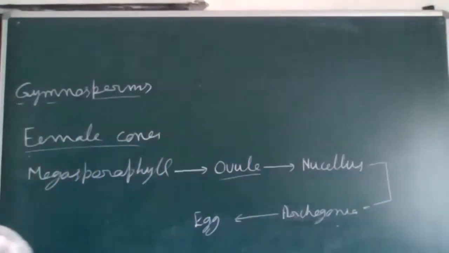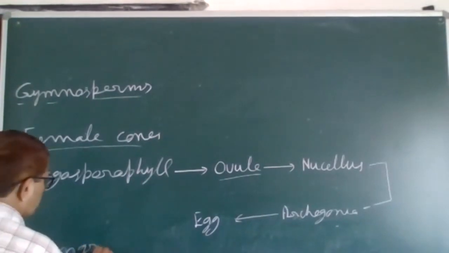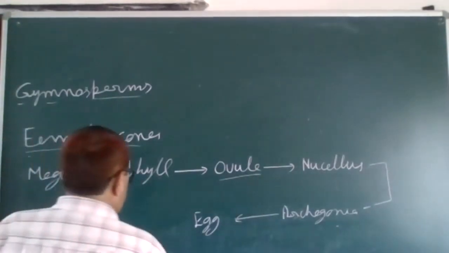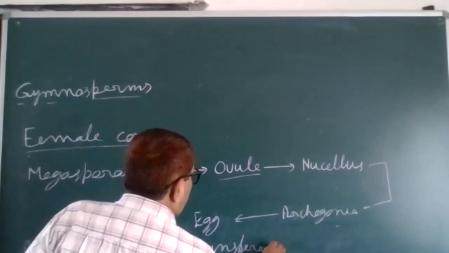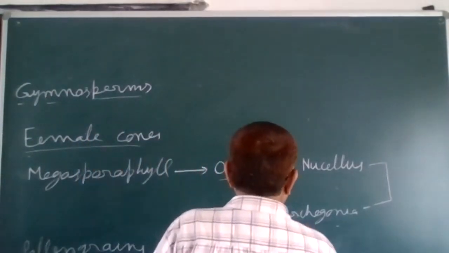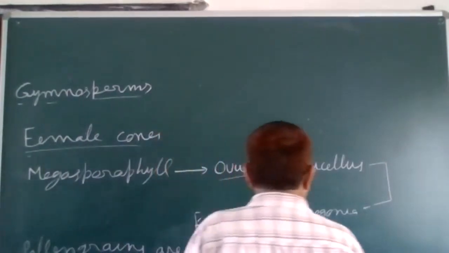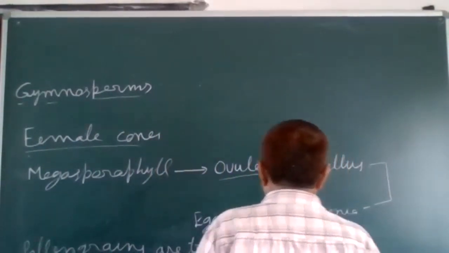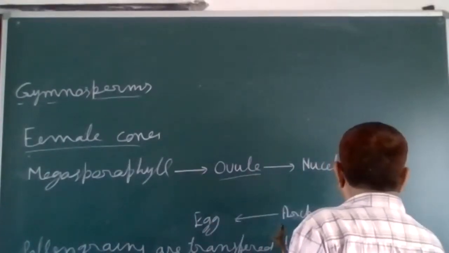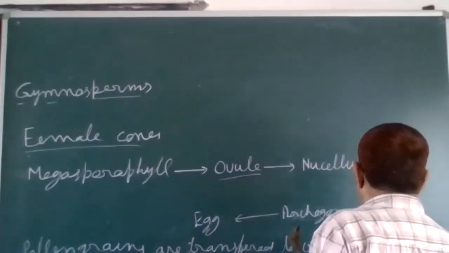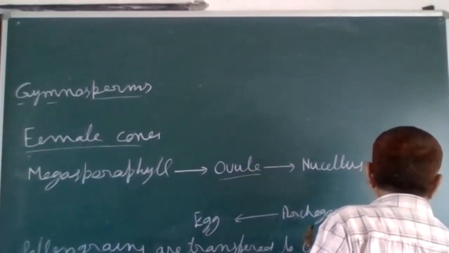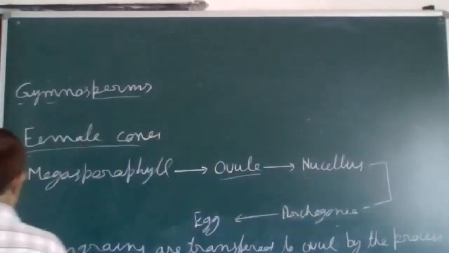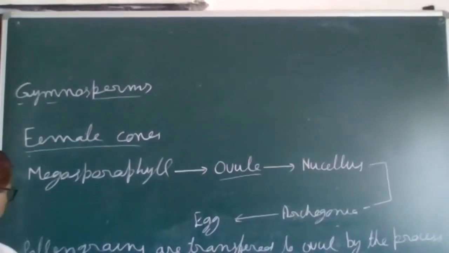So pollen grains are transferred to the ovule by the process of pollination.